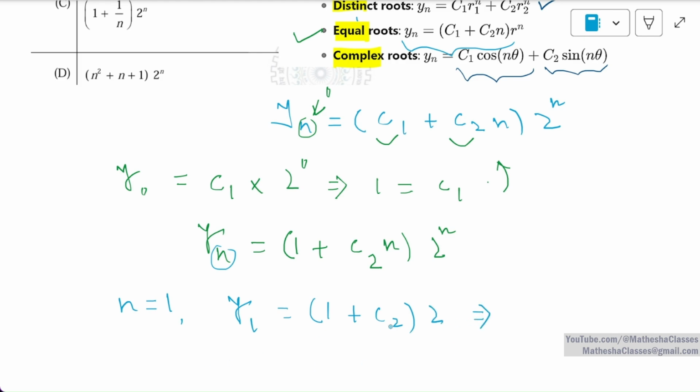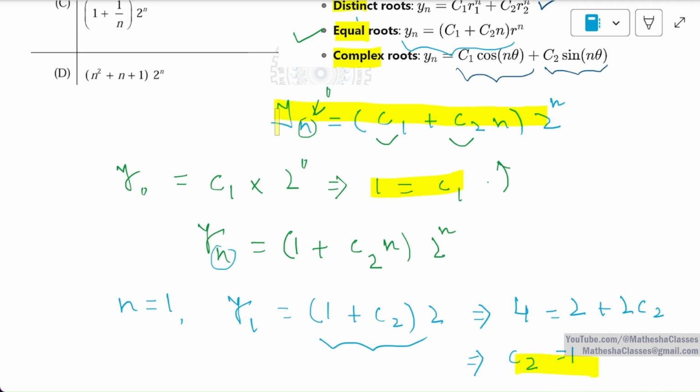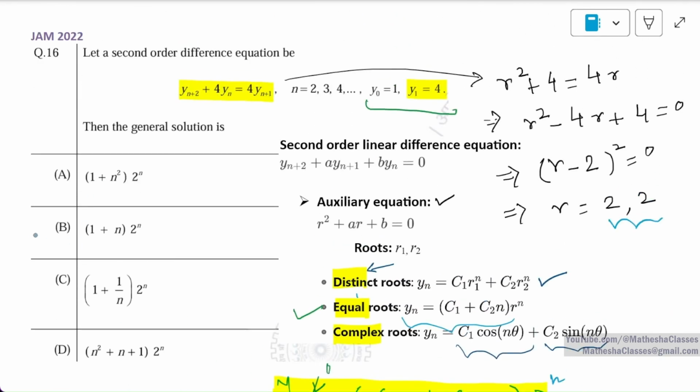That means y_1 is 4, so 4 = (1 + c_2) times 2, that means 2 + 2c_2, that means c_2 = 1 as well. So when you put the values c_1 = 1, c_2 = 1 in this relation, you will get y_n = (1 + n) times 2^n. So that is the general solution. So option B is correct.